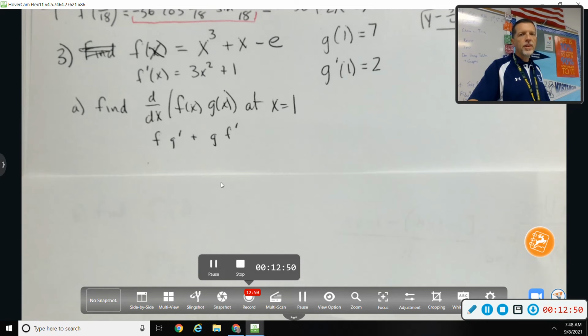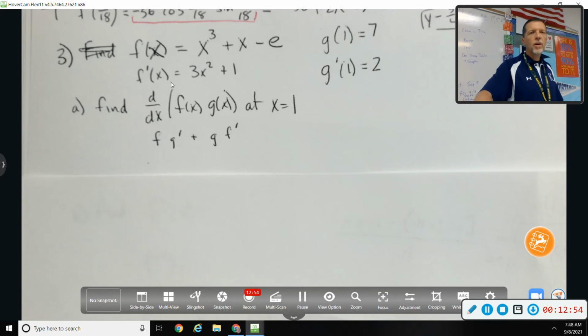All right, there's a couple of hints, not hints, just first couple of steps. f prime, 3x squared plus 1. Again, e is a constant, so its derivative goes away. There's the product rule, f g prime plus g f prime. And then at 1, so we can start filling in the pieces.